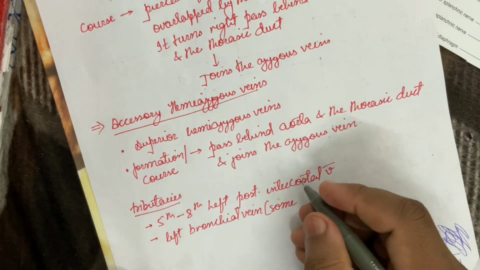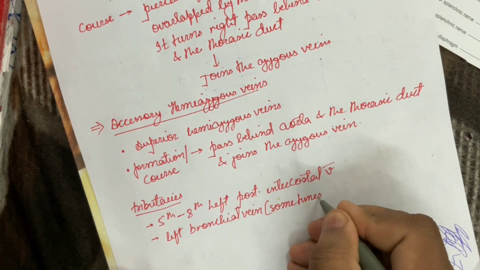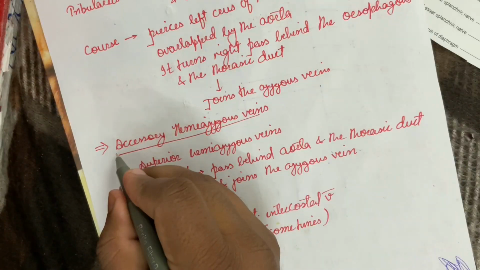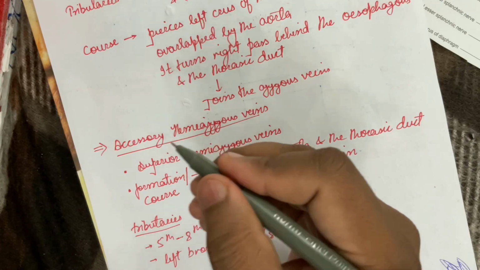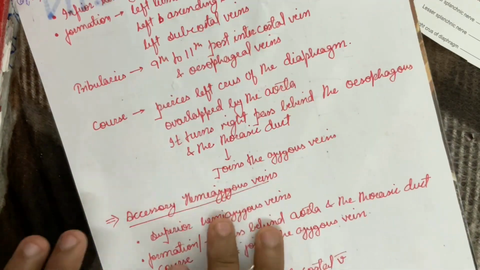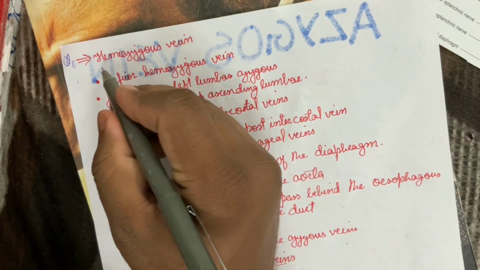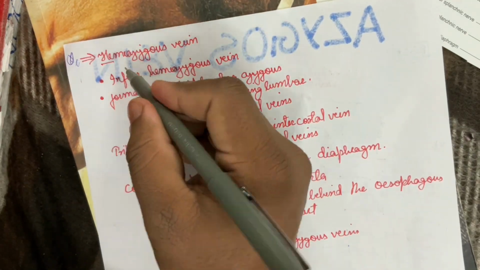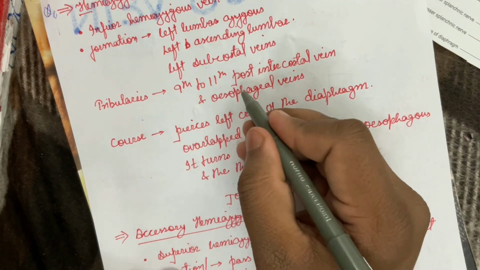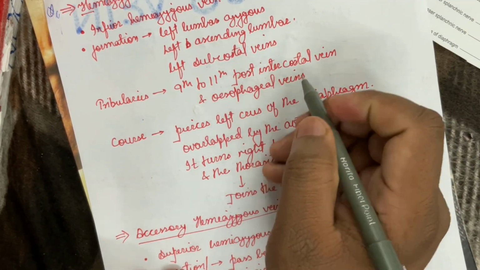Accessory hemiazygos vein is above, so its tributaries are the 5th, 6th, 7th or 8th left posterior intercostal veins. Hemiazygos vein is below, so its tributaries are the 9th, 10th, 11th posterior intercostal veins and esophageal vein.